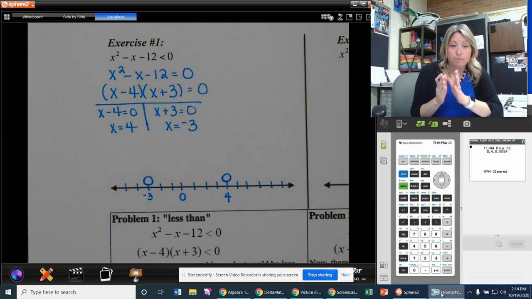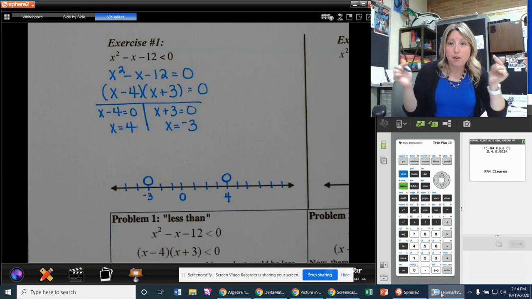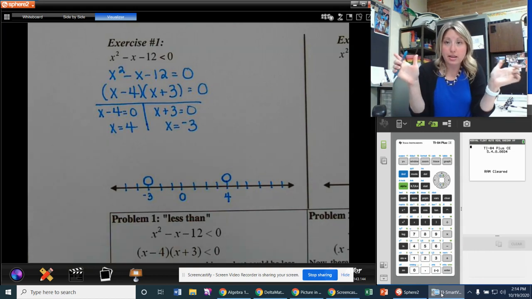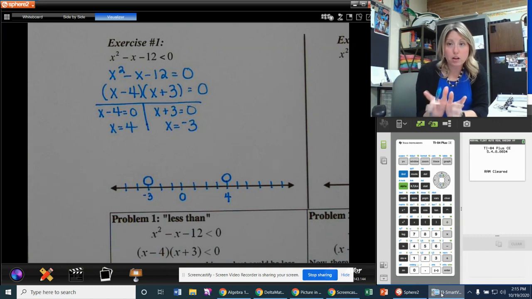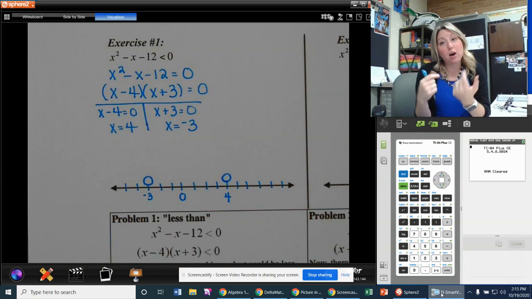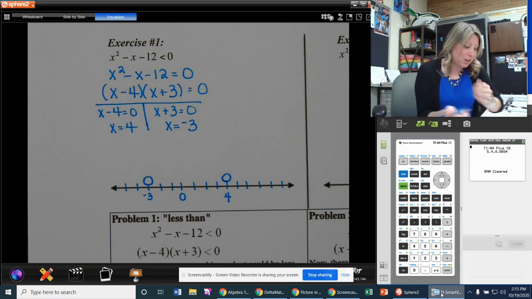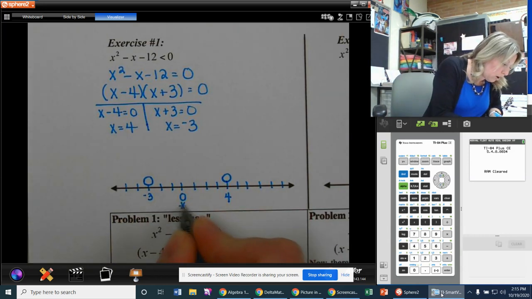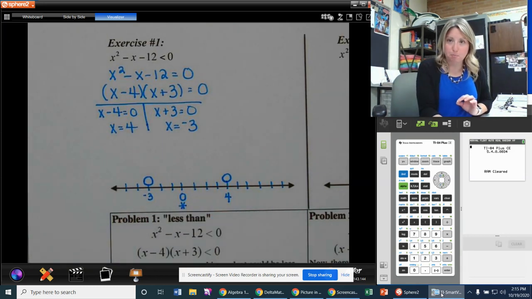Now, because I don't know if I'm in between or outside for my answers, it's one or the other. But because I don't know it, I need a test value. And the test value I always choose, because it's so easy to multiply by, is 0. Because we know anything times 0 is 0. So I choose 0 as my test number.